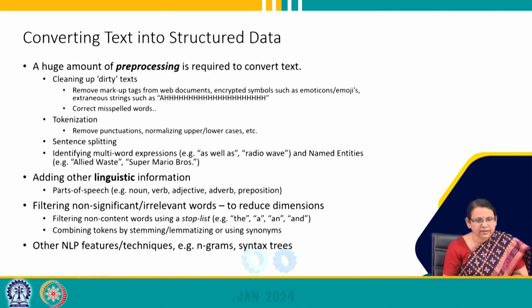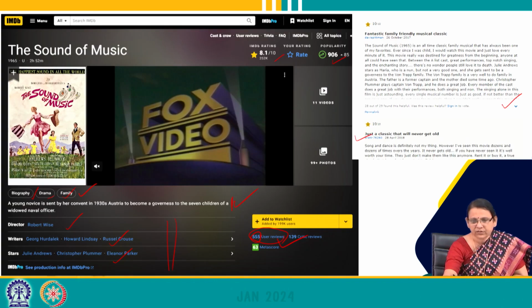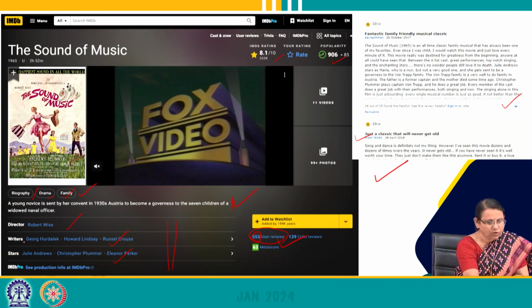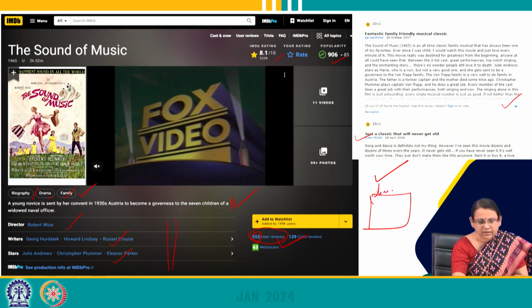So, moving ahead, let us look at how to convert the text data into structured data. What is structured data here? Here, this is the unstructured data. What is the structured data? For example, here we can write in the form of a table: who is the director, who are the writers.